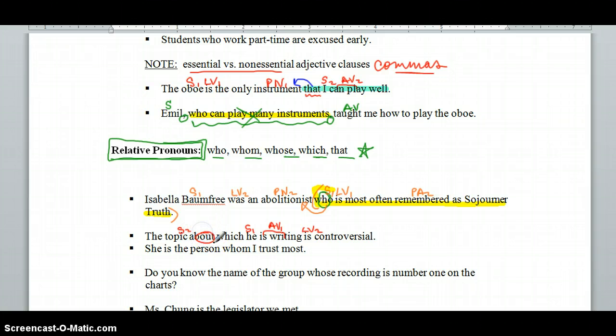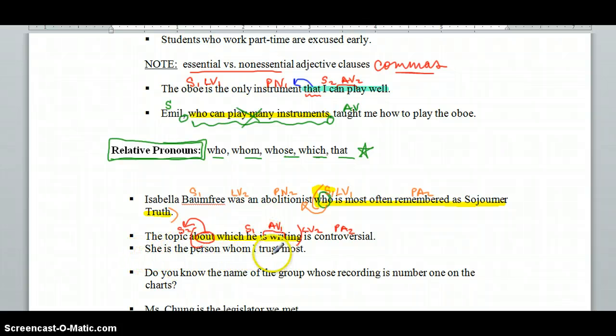Here's one of our weird prepositions, about, which is one of our relative pronouns. He is writing. The main clause here is the topic is controversial. Controversial is a predicate adjective describing the topic, and about which he is writing tells me which topic.